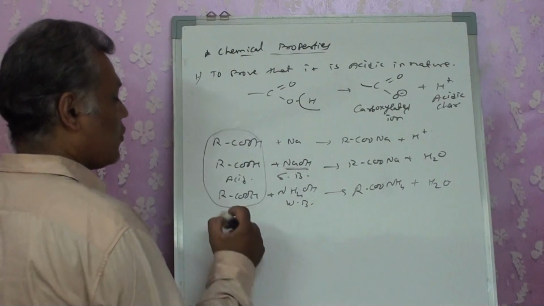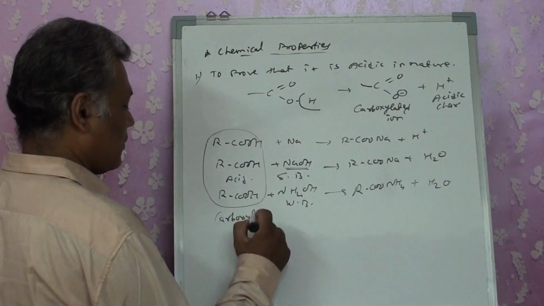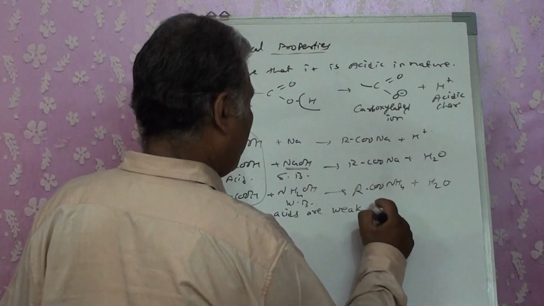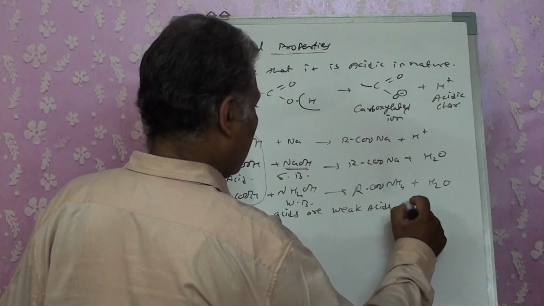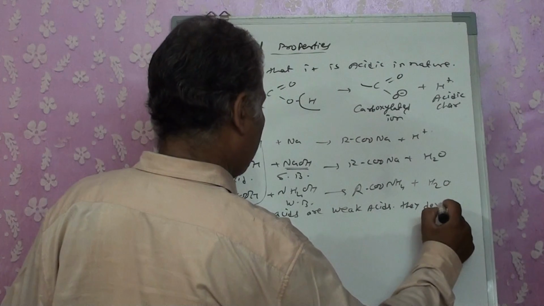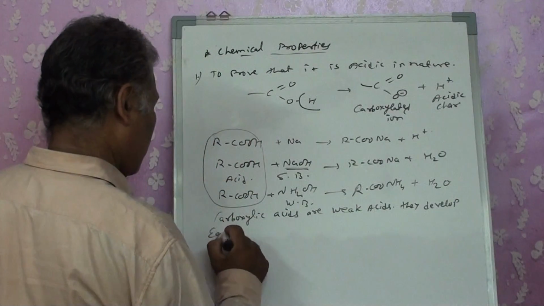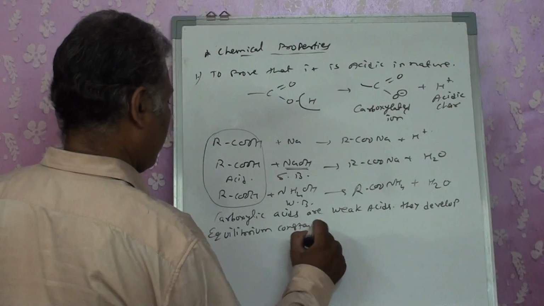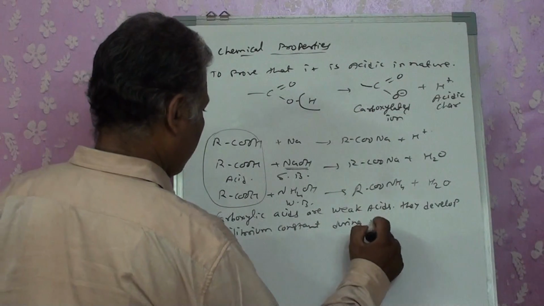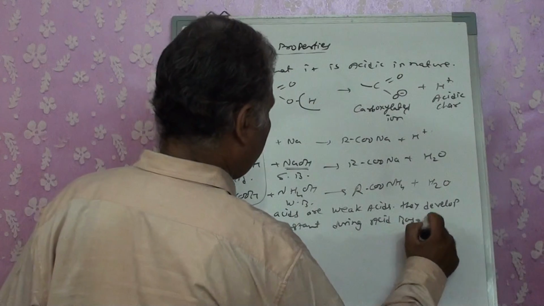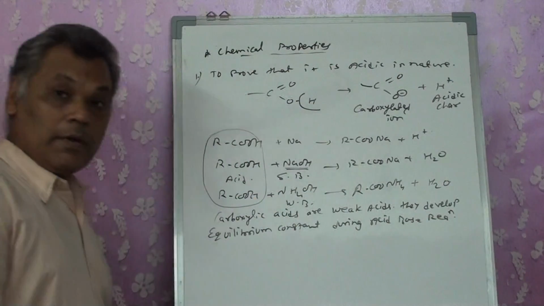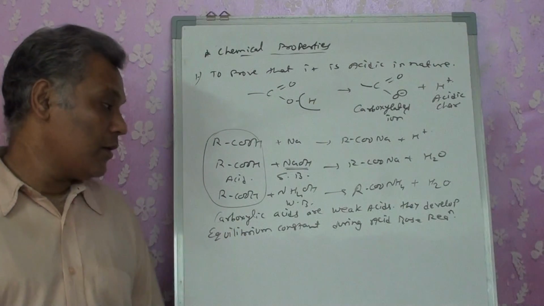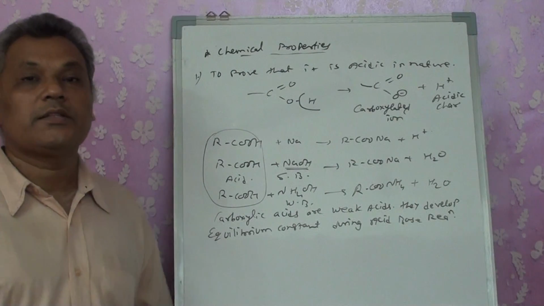Carboxylic acids are weak acids, they develop an equilibrium constant when they are kept into the reaction of acid base.